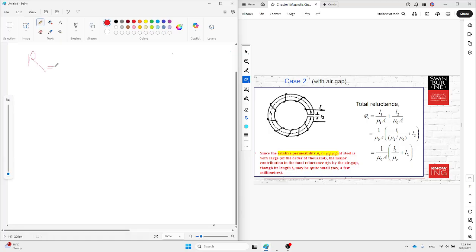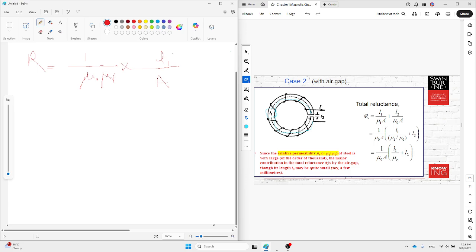We know the formula of the reluctance, 1 over mu, which is mu 0 times mu r, correct, times L, which is the core length from here to here, shown by L1, divided by A, which is the cross-sectional area.